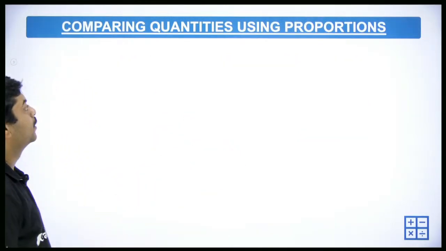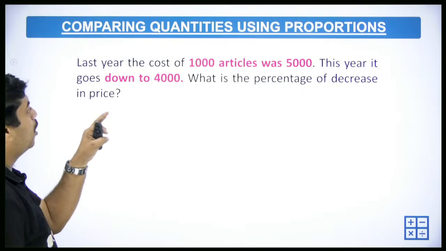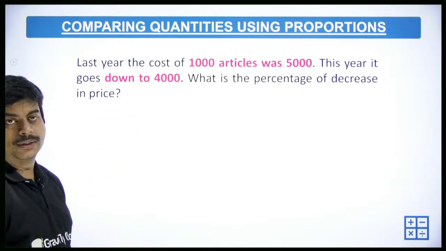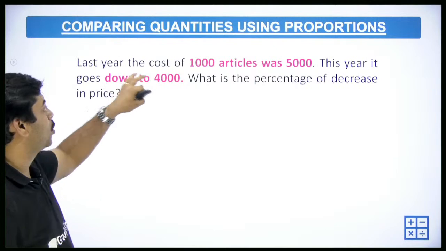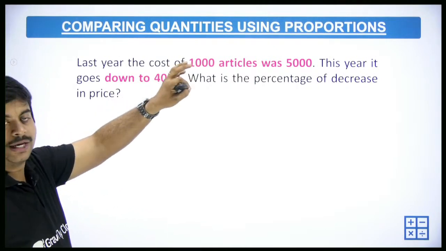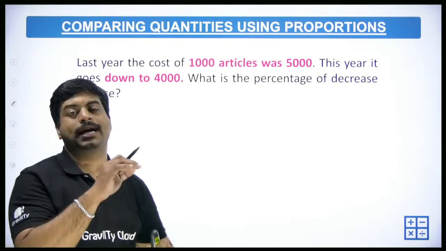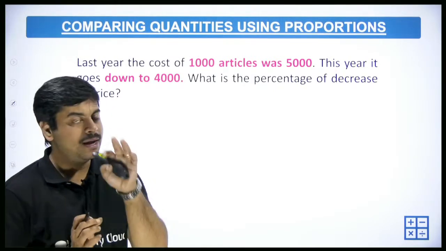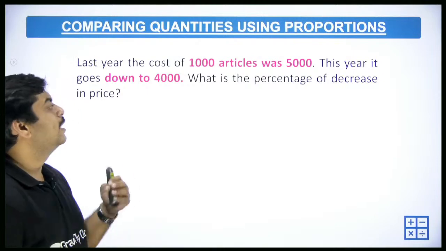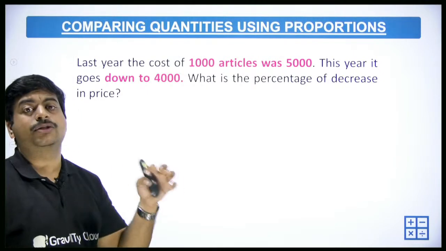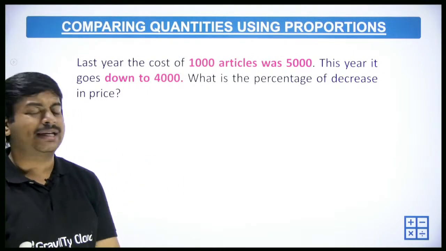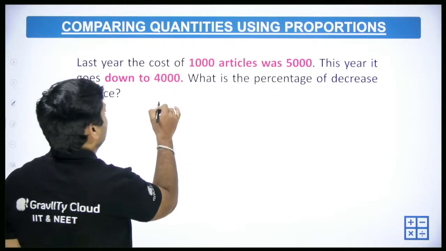Right? Next one. Last year, the cost of 1000 articles was 5000. Okay. This year it goes down to 4000. That means there is a decrease in price. Can you see that? What is the percentage of decrease in price? How much price got decreased?